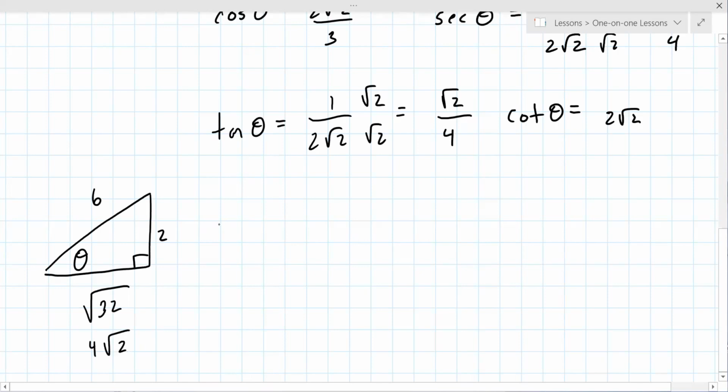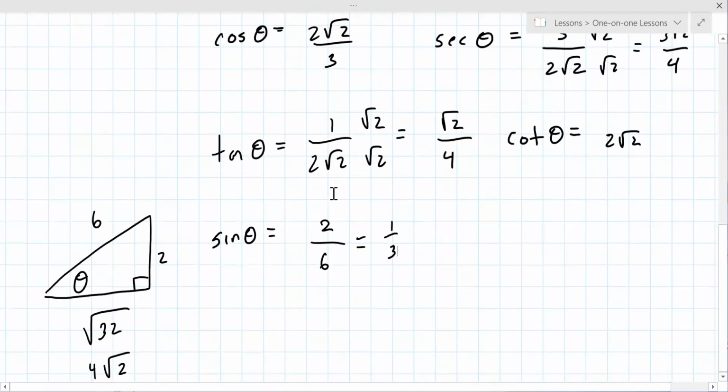So the sine of theta is 2 over 6, but what does that reduce to? 1/3. And you notice that anywhere up here? Same thing. It does end up being the exact same thing. Cosine theta is 4 root 2 over 6, which is 2 root 2 over 3. Look at that, we just found it.